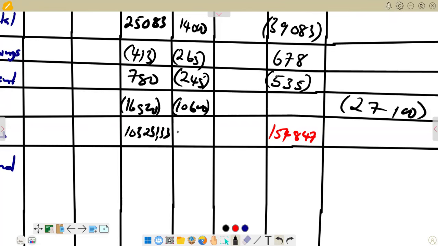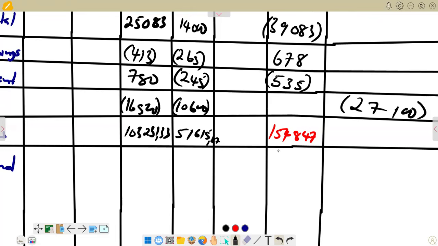Then here we got 51,615.67. Here's the decimal, it's 0.67. So this is what we have. So if you add these two, you are supposed to get our total.